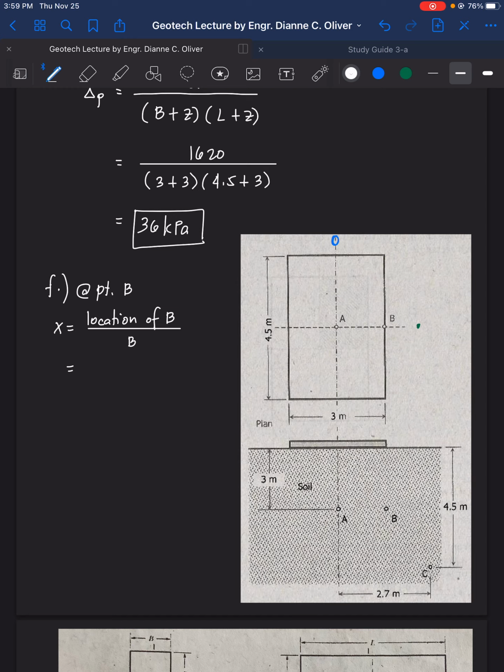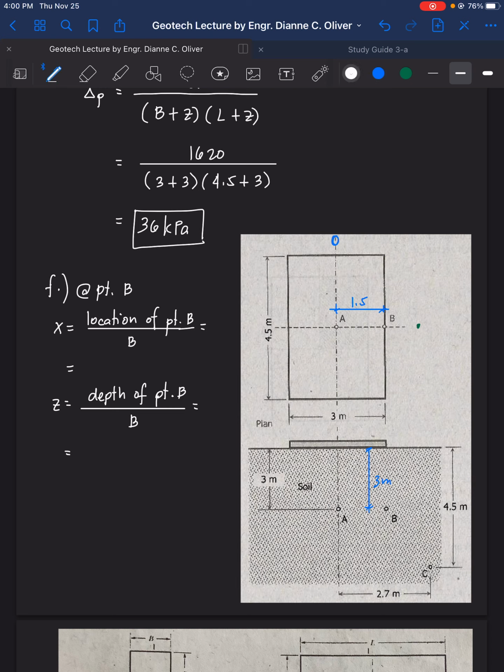And Z equals the depth of point B over B. The location of B is 1.5, and the depth of B is 3 meters.